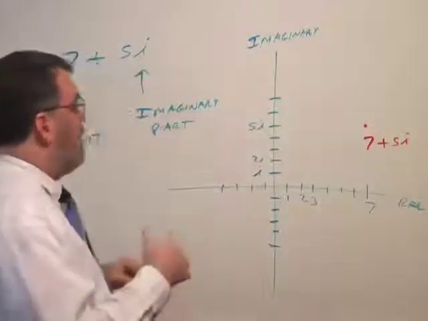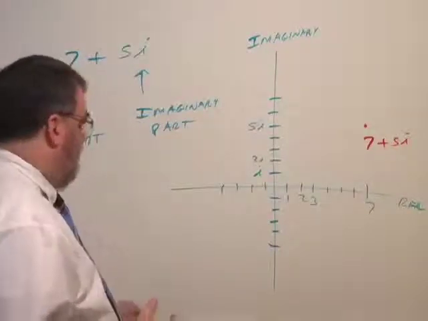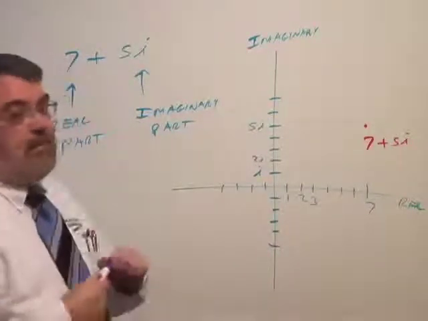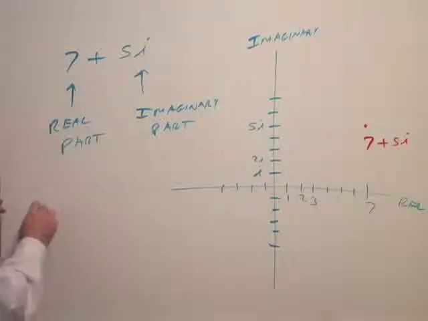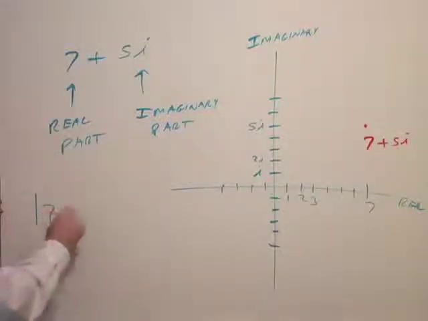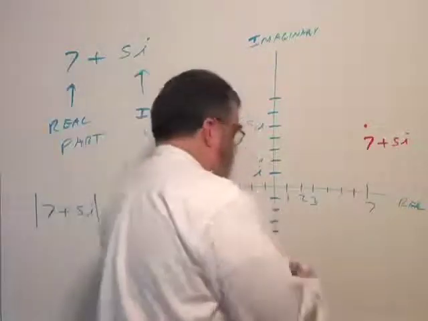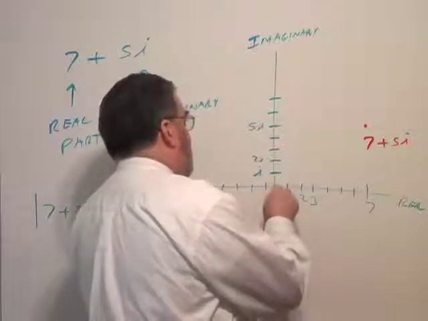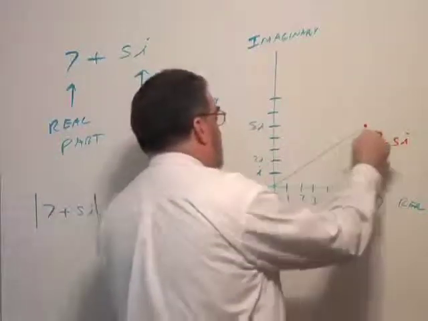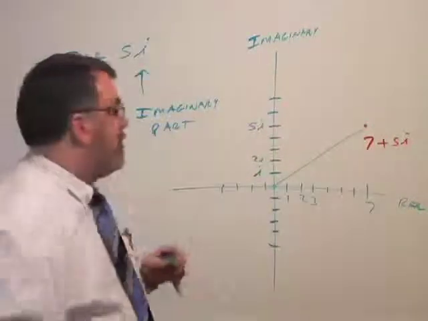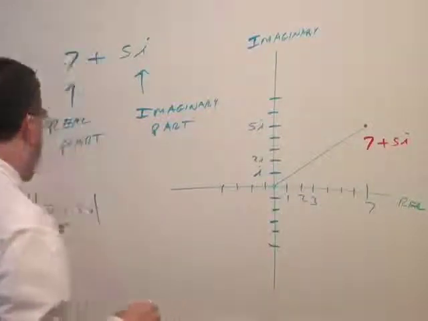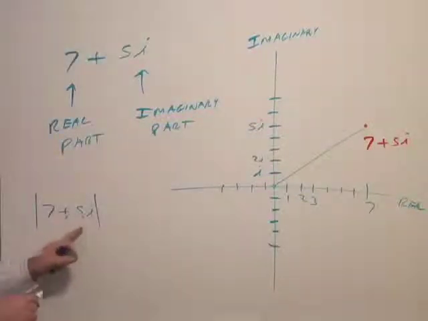Now, there is sort of a size. In fact, the absolute value of a complex number, I'll do this one, happens to represent the distance from the point to the origin, which is simply the number 0. And so that distance, we call this the absolute value.